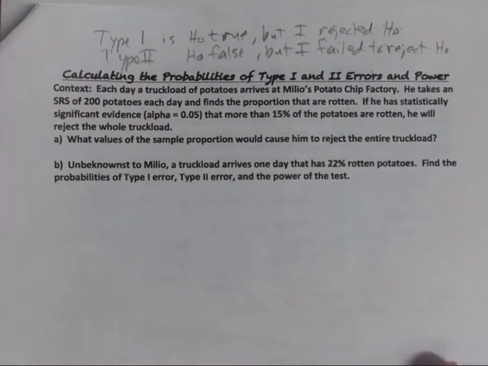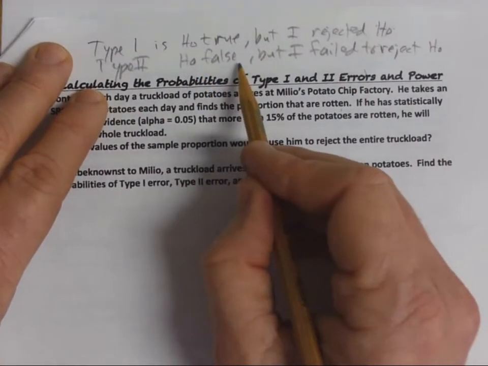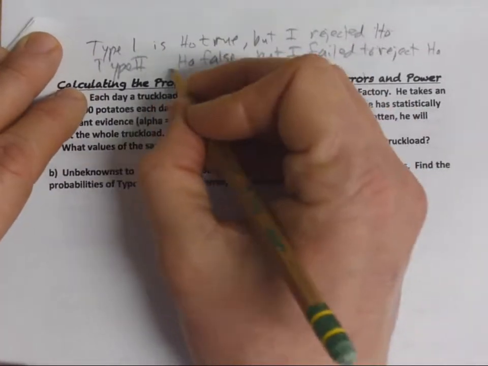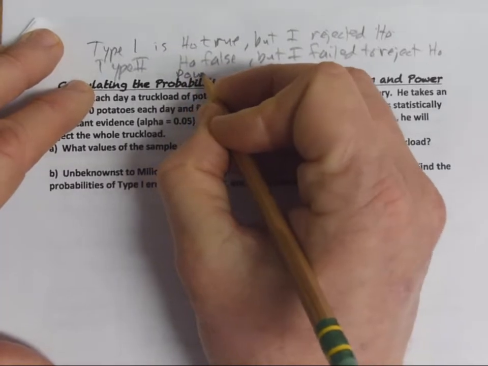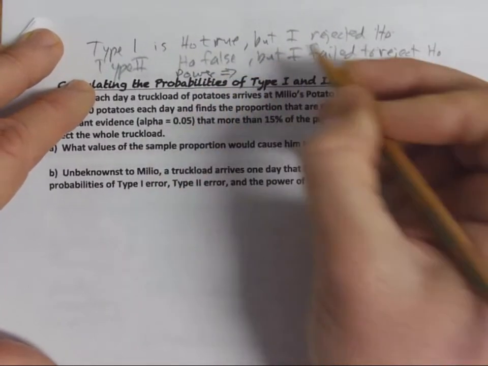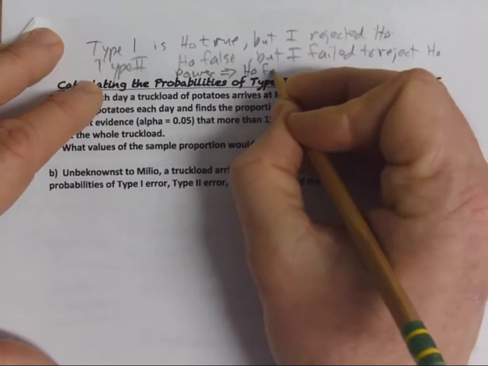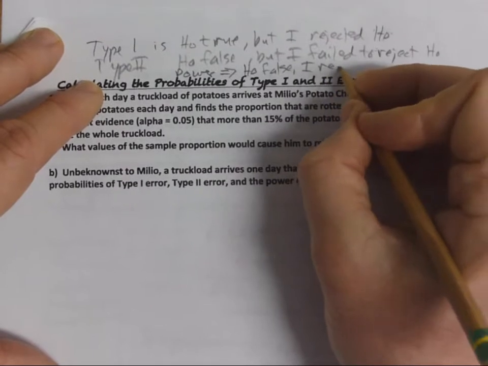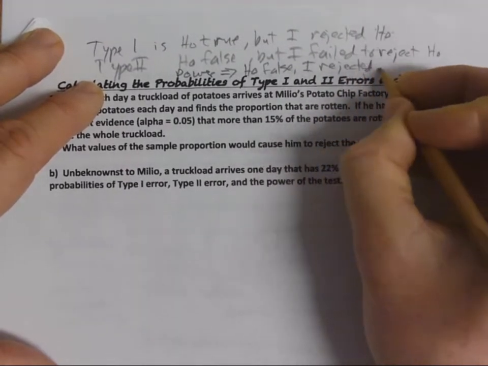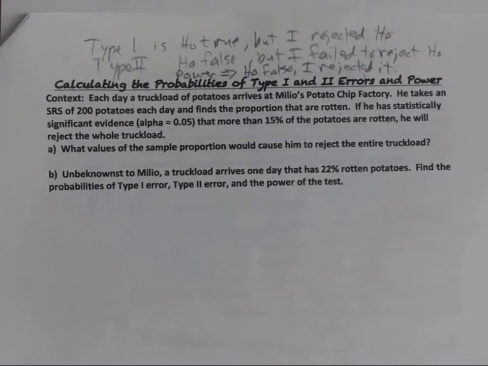Now, what is power? Power is a type 2 situation where the null is false. So power, I'm running out of space. Power is a probability. It is when the null is false and I did the right thing, I rejected it. So it is a conditional probability. Power is the probability that, given the null is false, I'm actually going to reject it.